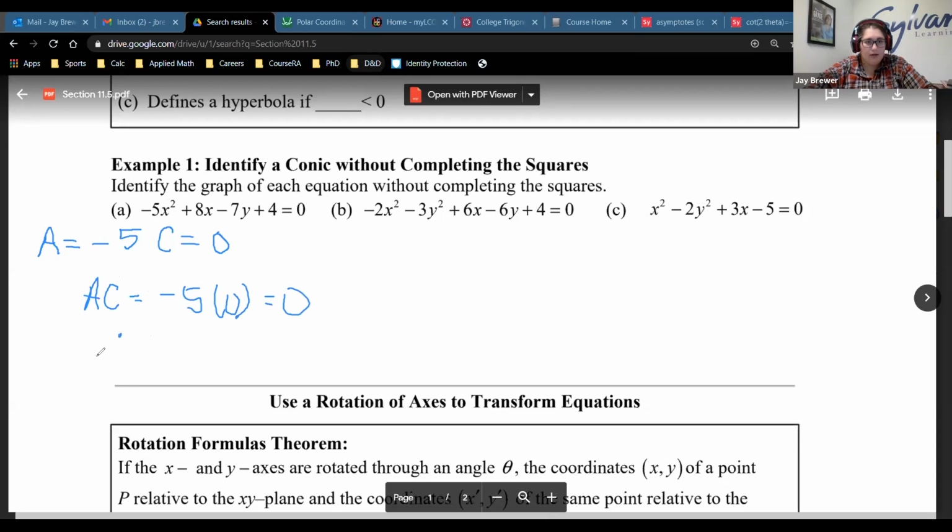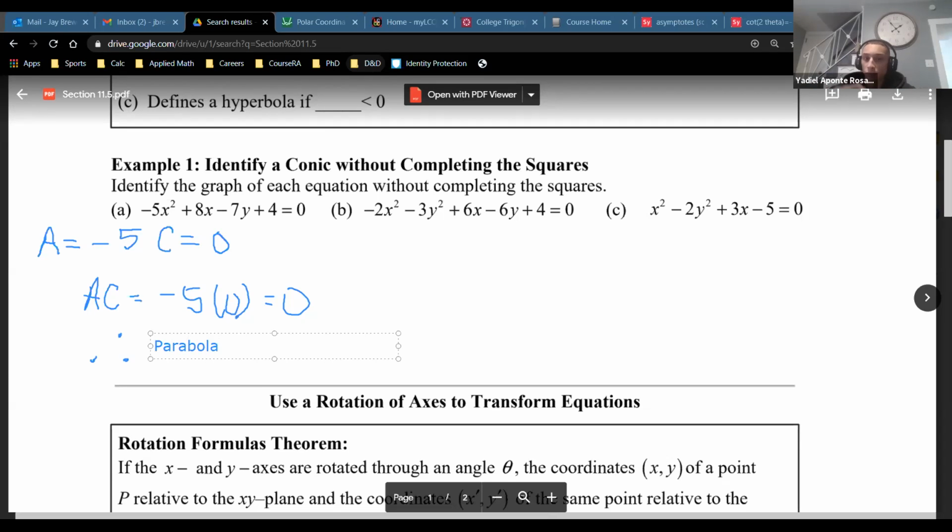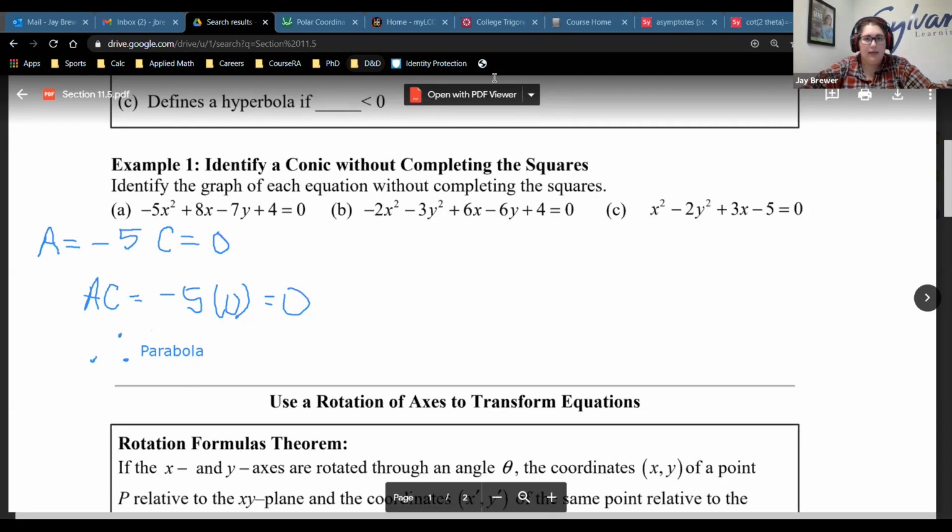And that means what kind of situation do we have from that equation? A parabola. Very good.